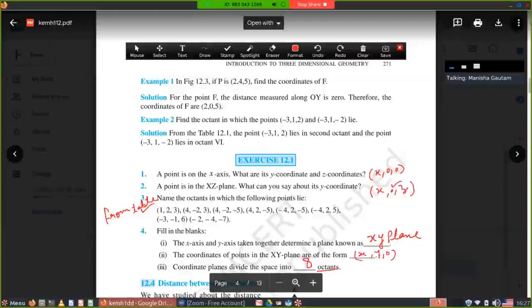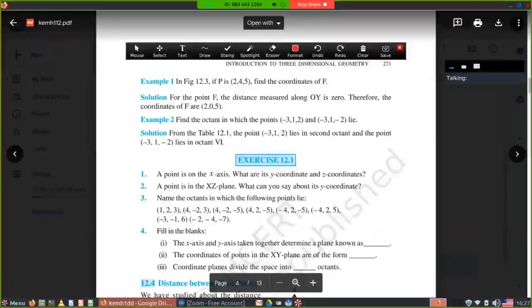You can do it. Now further, we will discuss the distance formula and section formula. You have already done the distance formula.